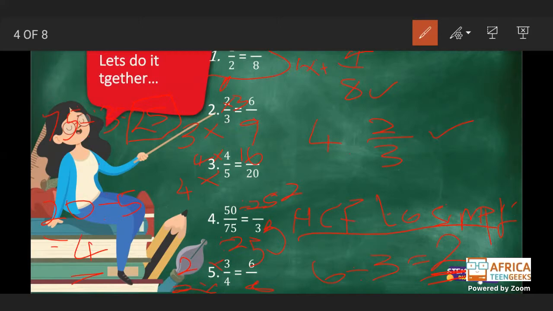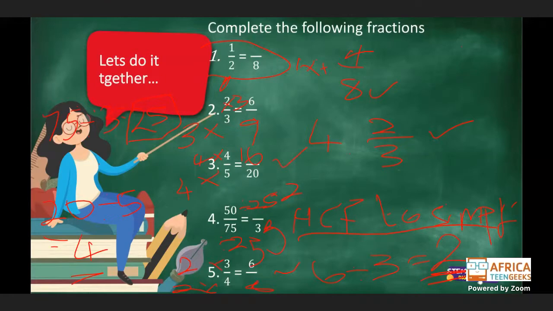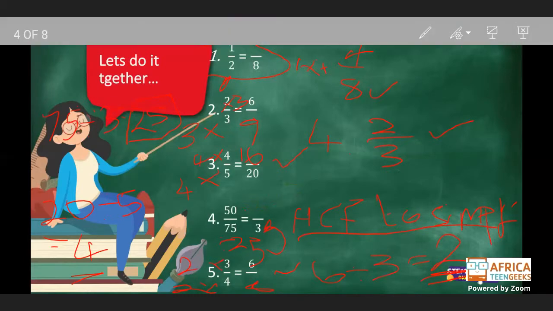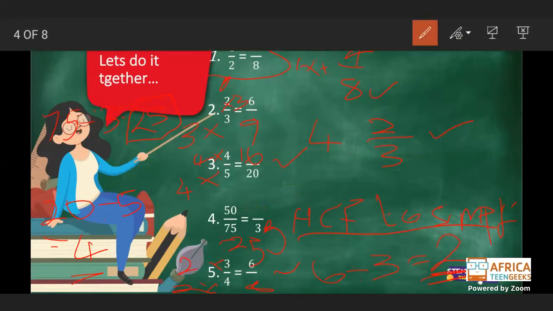So I hope you did get this right. Let's write it clearly here, because this one is a bit messy. So we can see the answer for number 1, 4 over 8, correct.